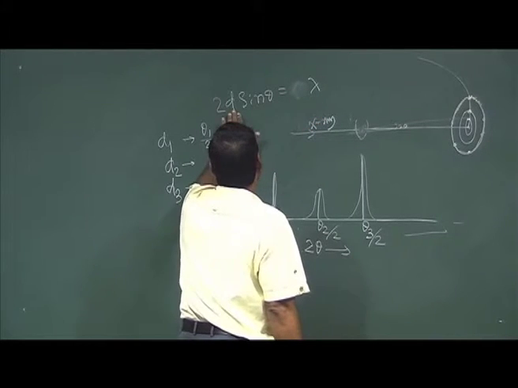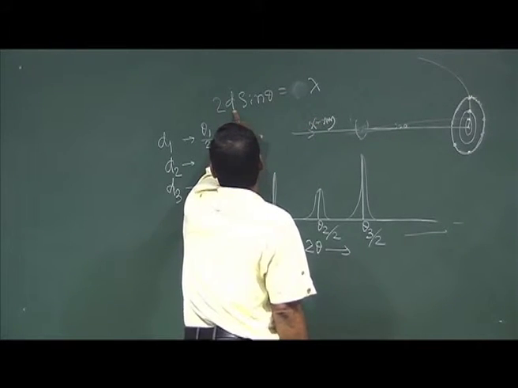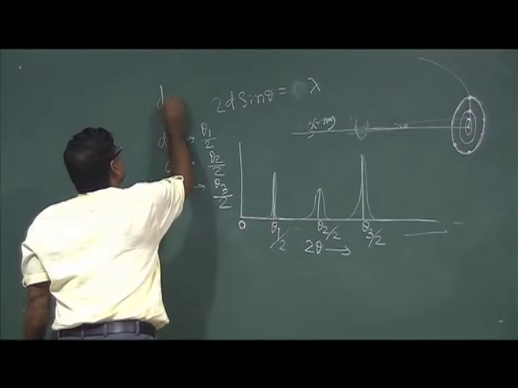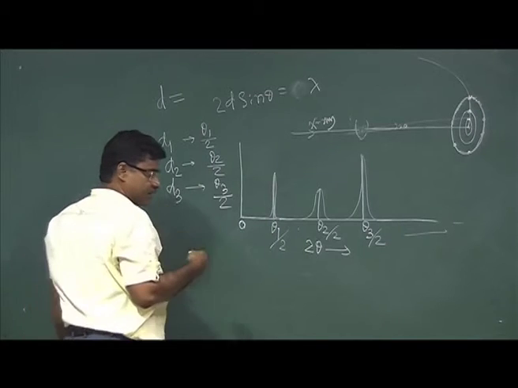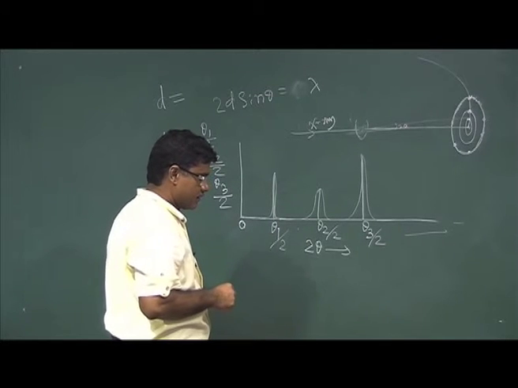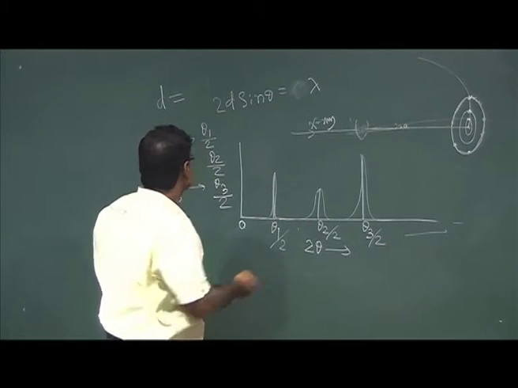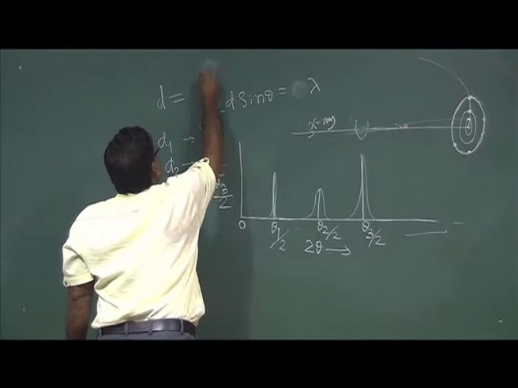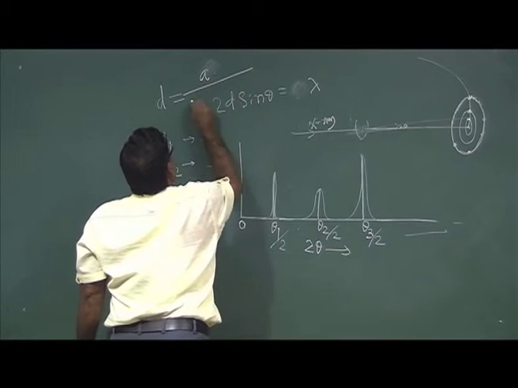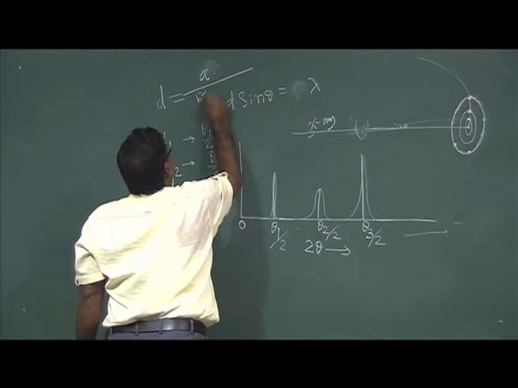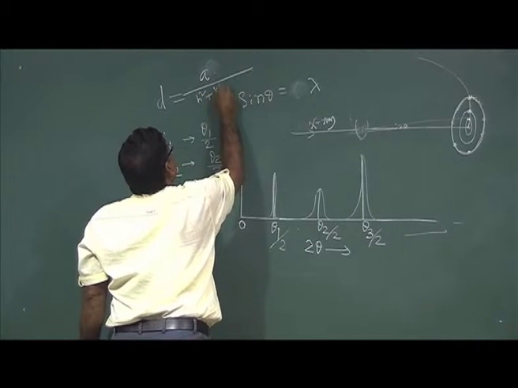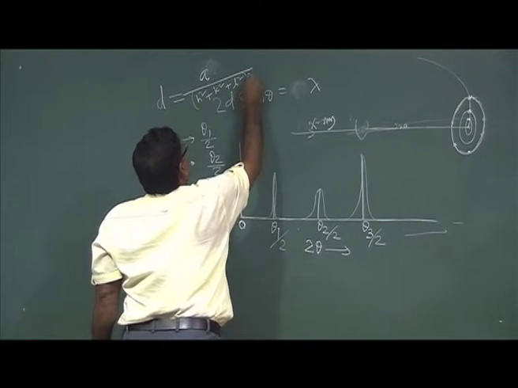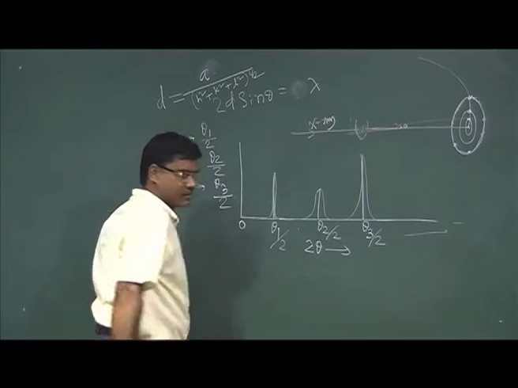So I can find out d, and if it is cubic, how is this d related to the cubic lattice? It is a divided by the square root of h square plus k square plus l square, that is, d equals a over (h square plus k square plus l square) to the power half.